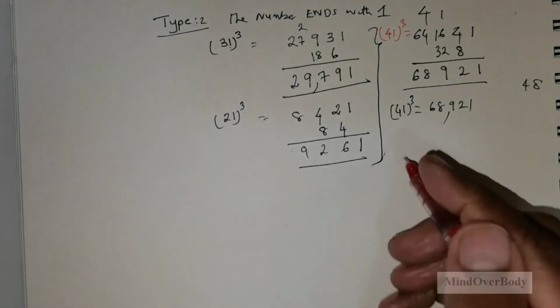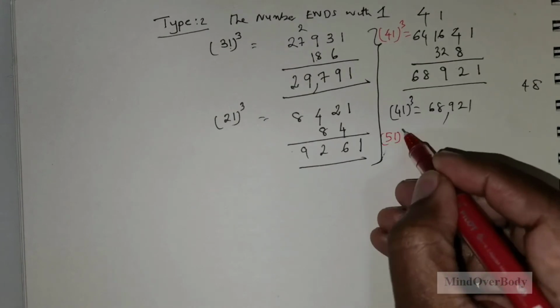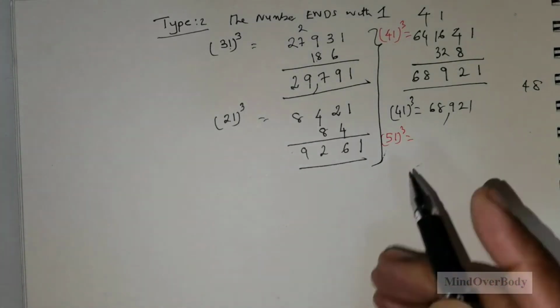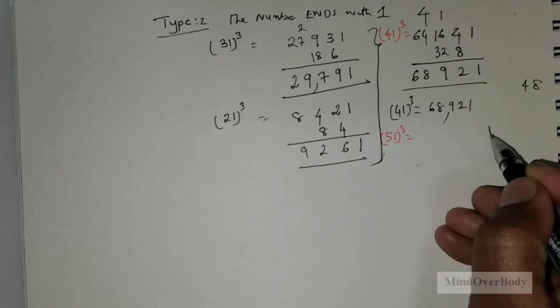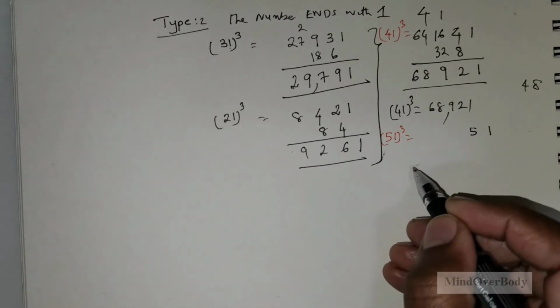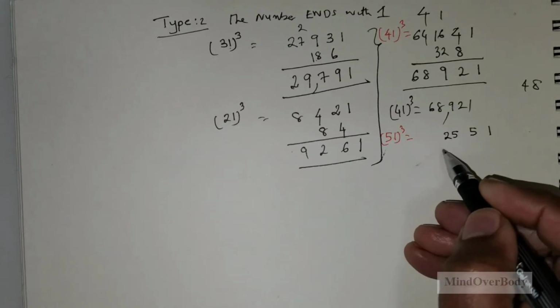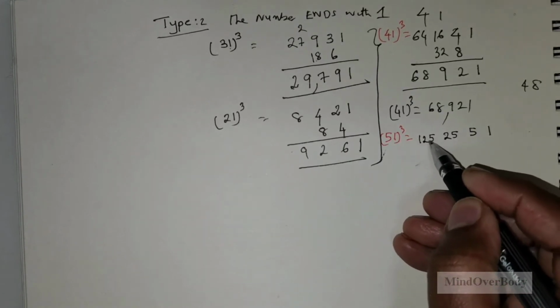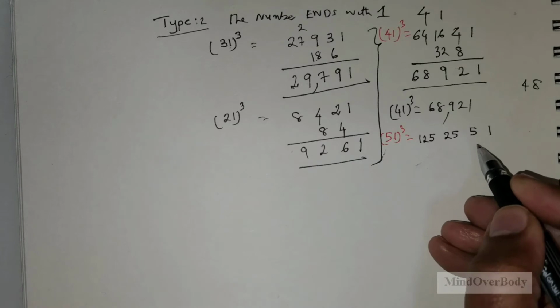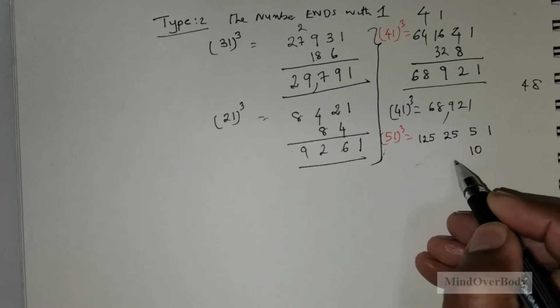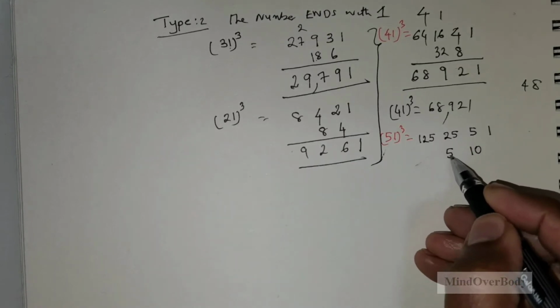Now let us check what happens when we cube 51. So start from the right, place the number 1 and 5. Then you square this 5, that will be 25. You cube the 5, that will be 125. Okay. Now double the 5, that's going to be 10. Now double 25, that's going to be 50.